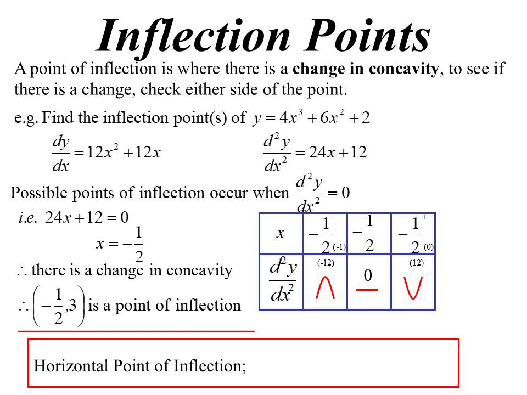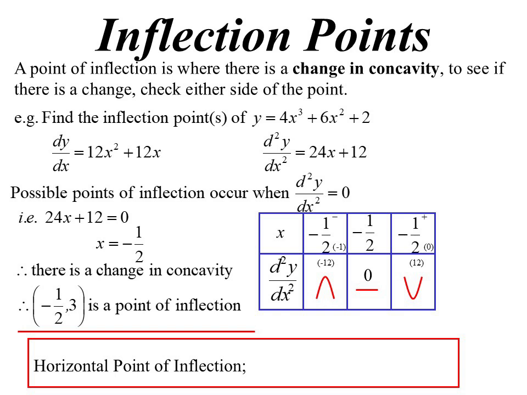The one that is also a stationary point, horizontal point of inflection, is also known as, you don't see this term used that much in the two-dimensional graphs, it's probably reserved more for three-dimensional graphs, a saddle point. The reason it's called a saddle point is that if you did see one in 3 dimensions, it actually looks like a saddle.